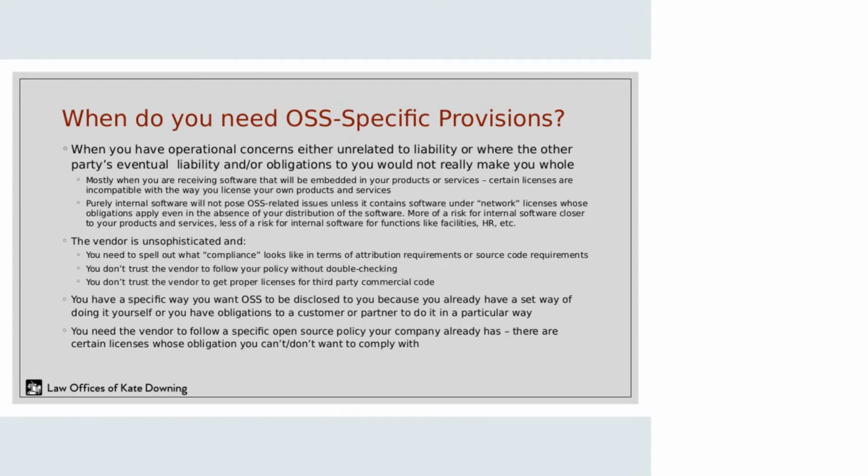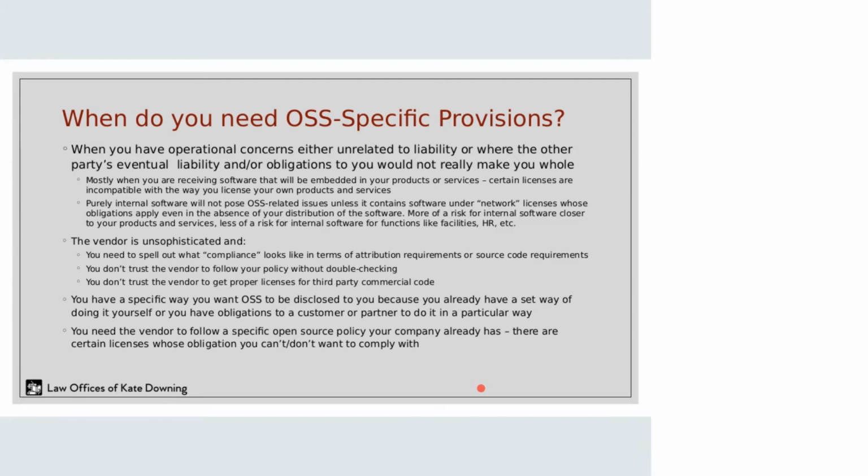Okay, so when do you need open source specific provisions? I would say that you need these provisions for two reasons. One of which is that you have operational concerns unrelated to liability. So, for example, you might care a lot about process. You might care a lot about format. You might care a lot about, for example, your audit requirements.